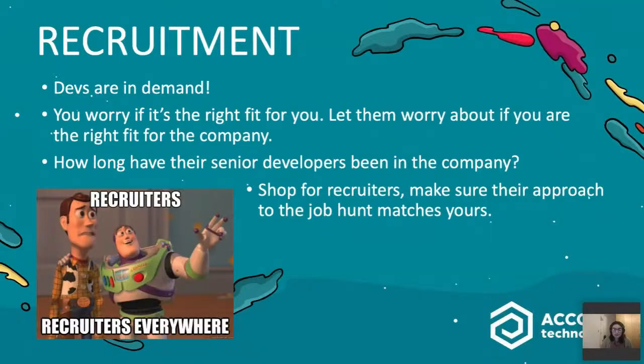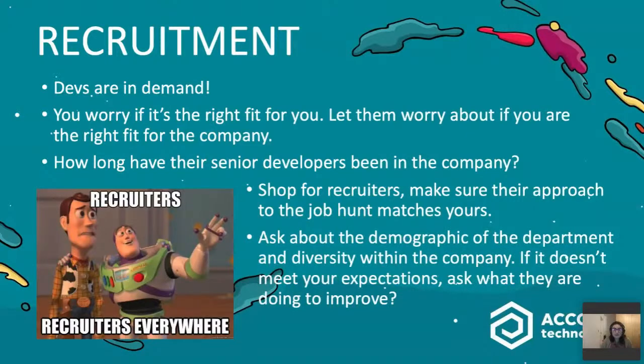And then a final thing is asking about the demographic of a department or of a company when you're in an interview. And if it doesn't meet your expectations, asking what they're doing to improve, because you're not necessarily going to get perfection.